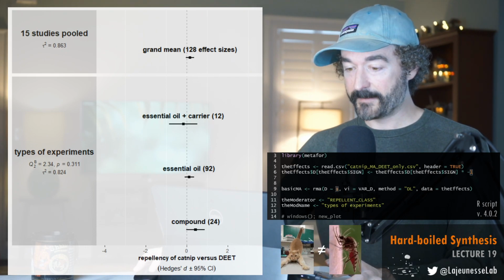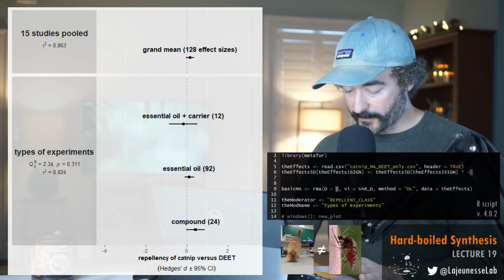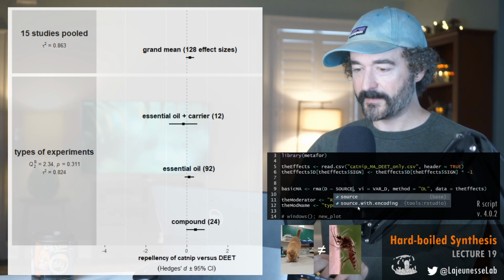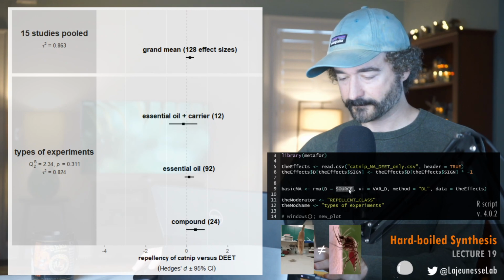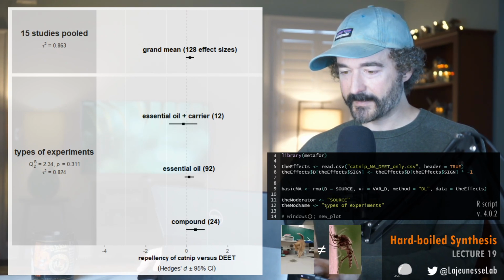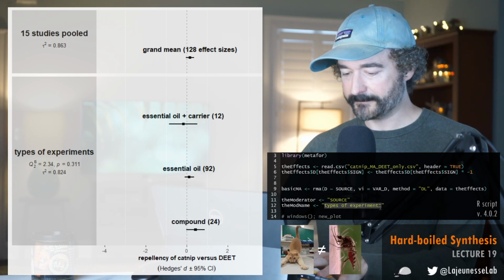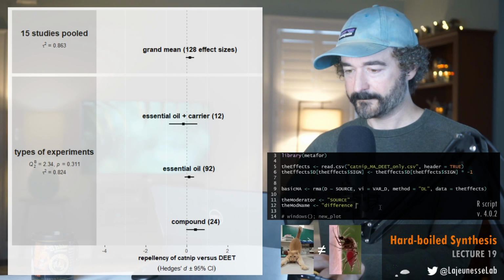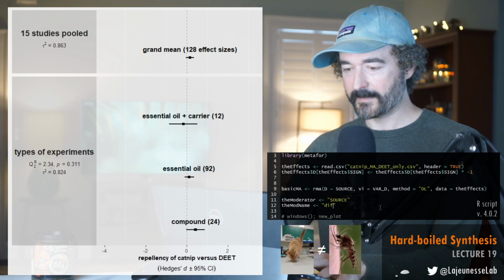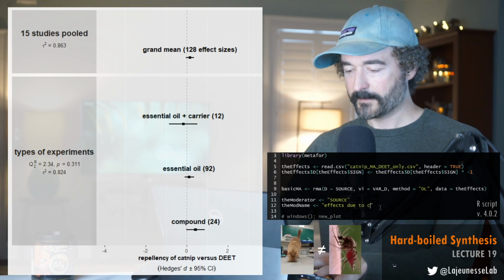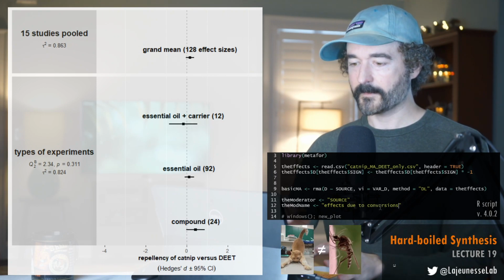And so here I throw in the category called source. The moderator here is called source, and I'll call this effects due to conversions.